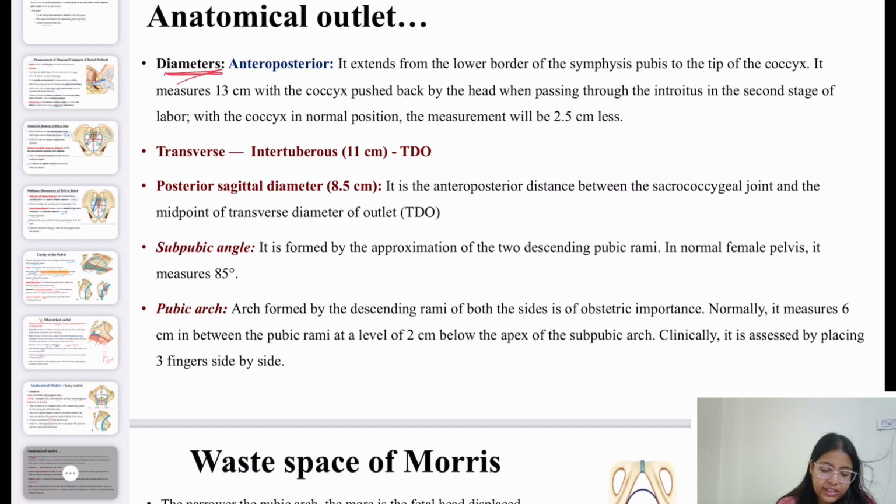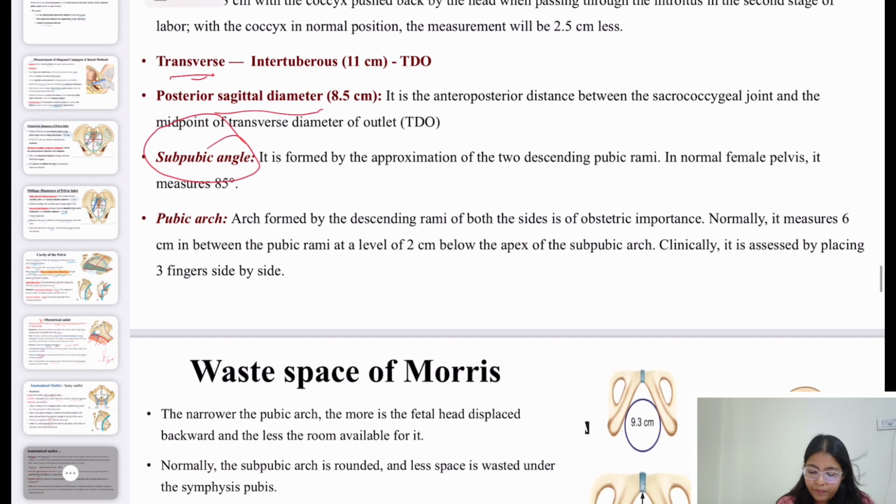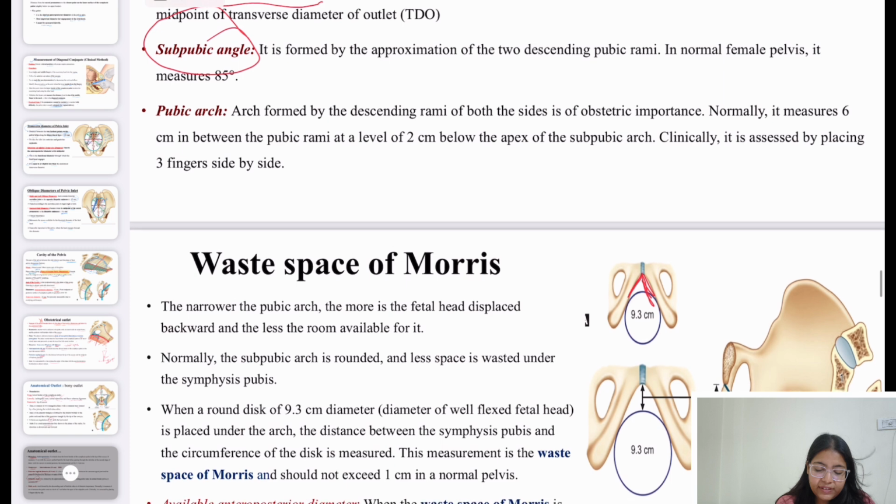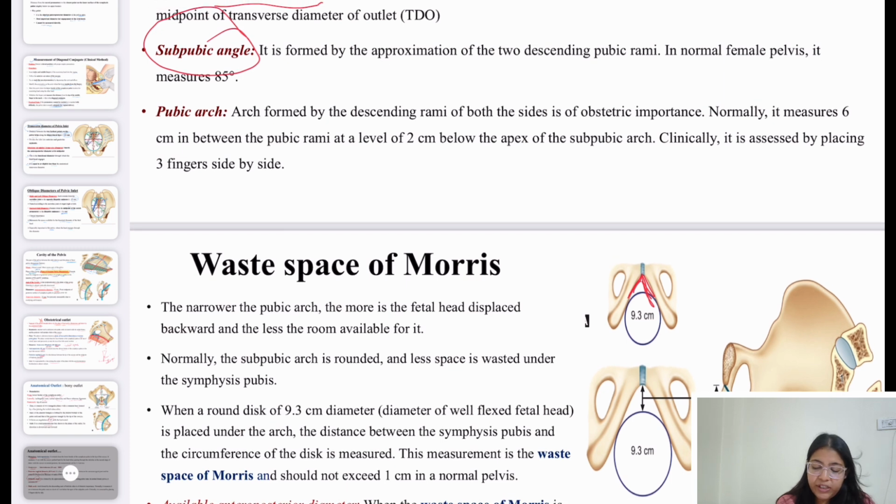Again, you have to know the diameters: AP diameter, transverse diameter, posterior sagittal diameter. Now the subpubic angle, it is very important. Subpubic angle is the angle formed by the two descending pubic rami. In a normal female pelvis, it is 85 degrees.